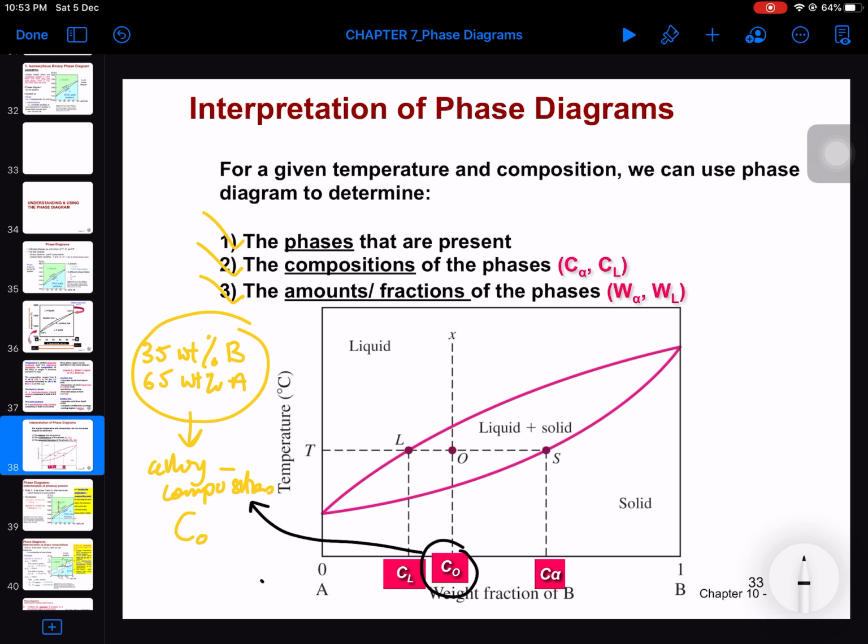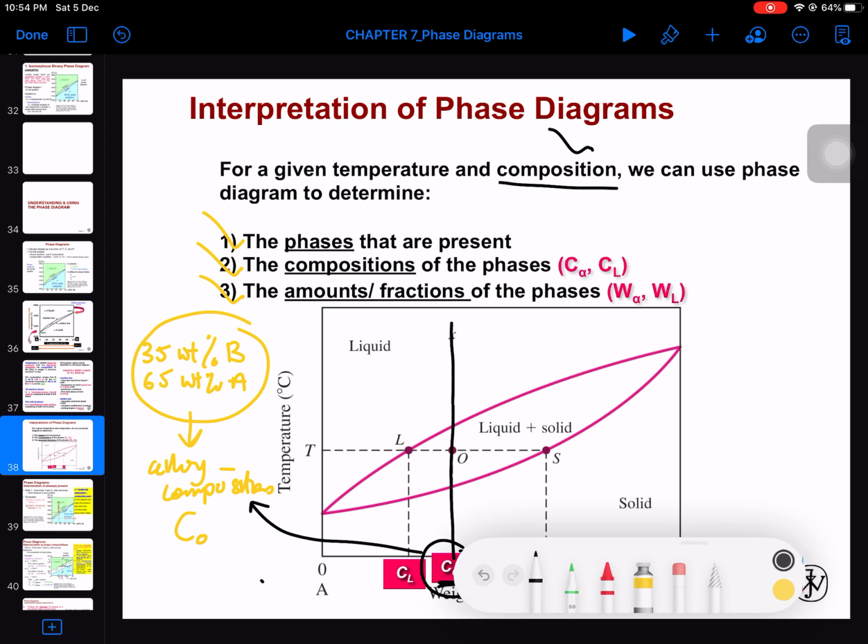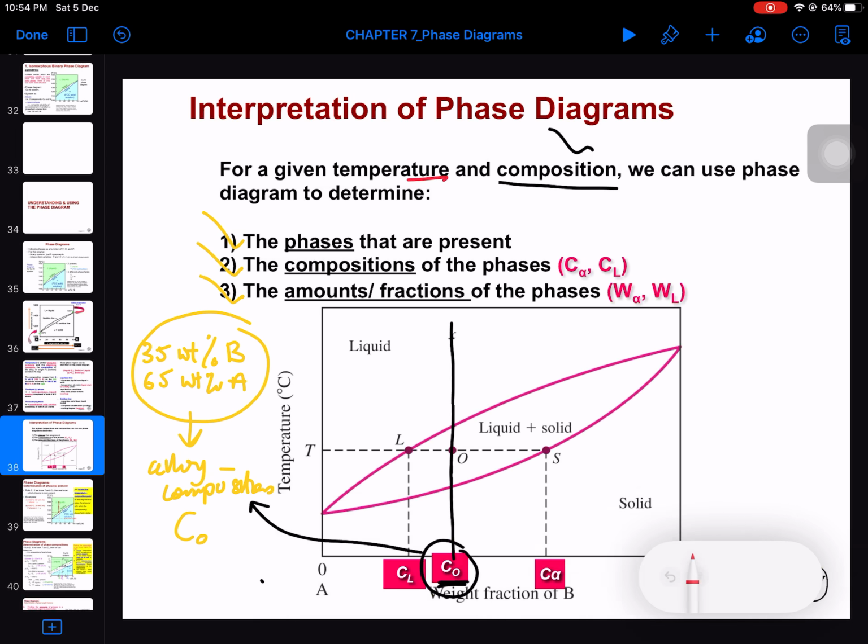Once you know the alloy composition, you have to draw a vertical line from the alloy composition. This vertical line will cross all the boundaries within the phase diagram. Next, we need the temperature.